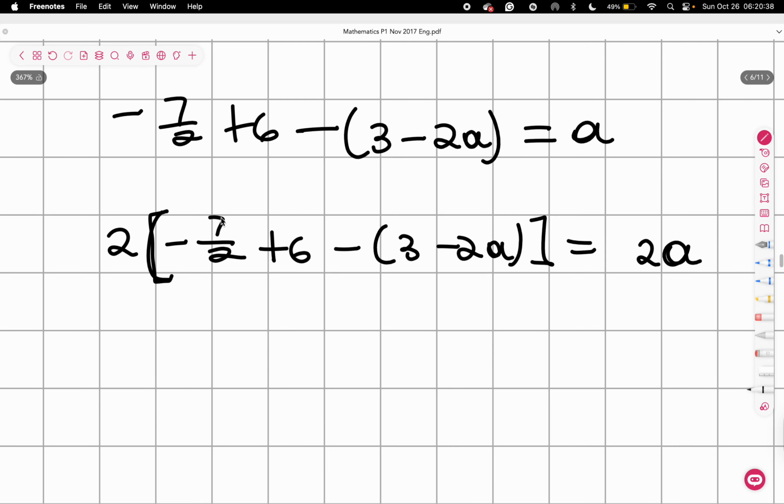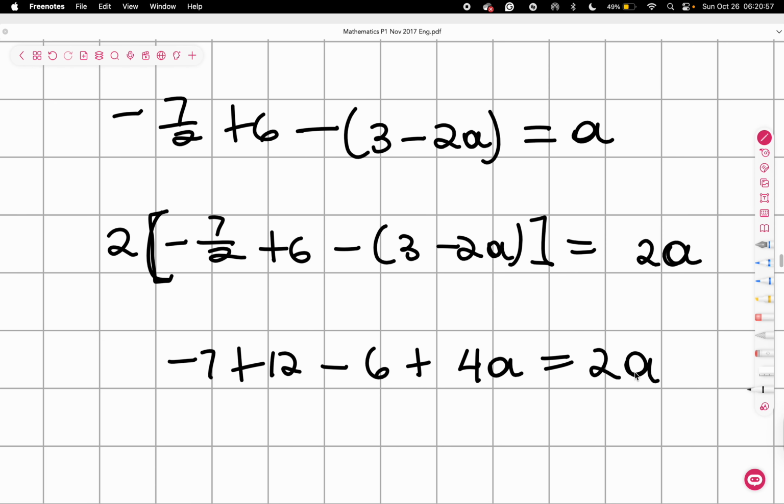Then you are left with negative 7 plus 12 minus, solving this, it would be negative 6, then plus 4a is equal to 2a.